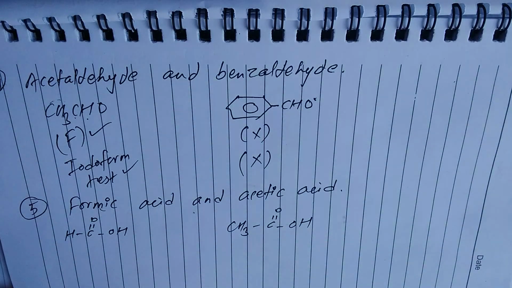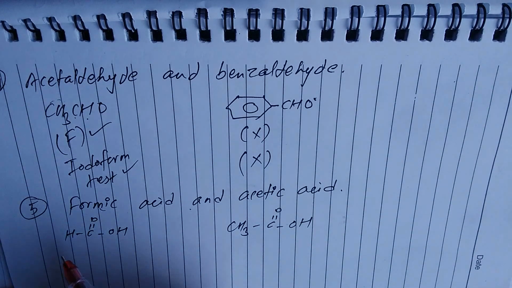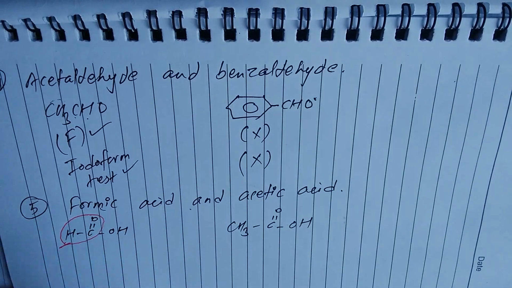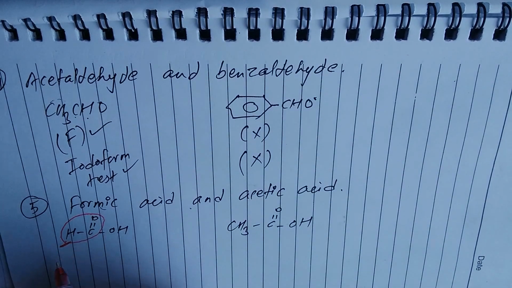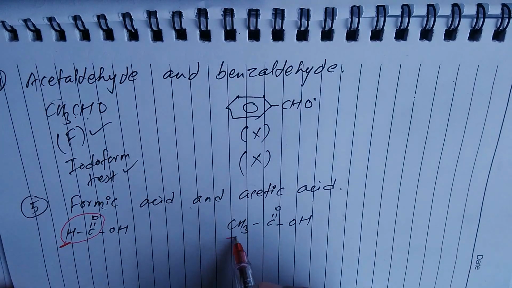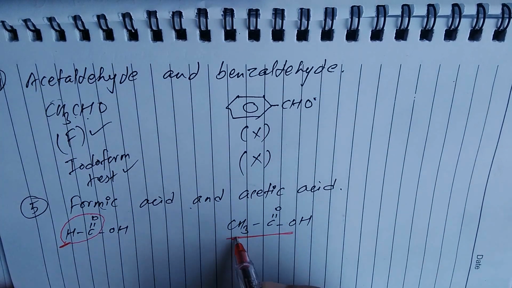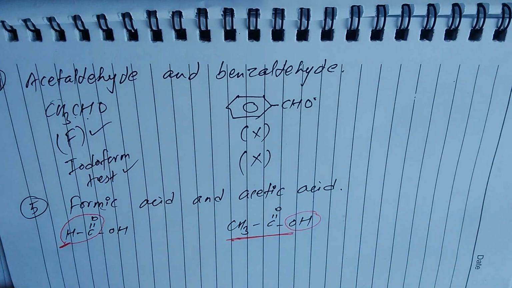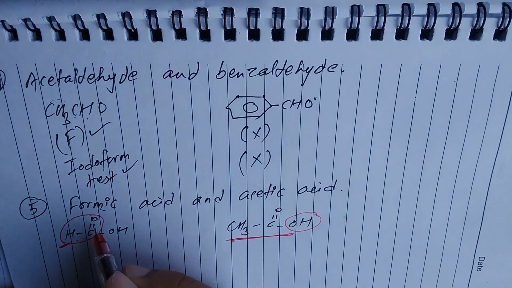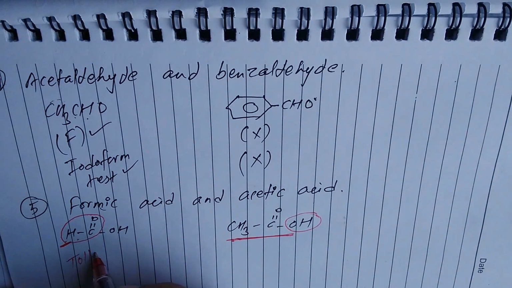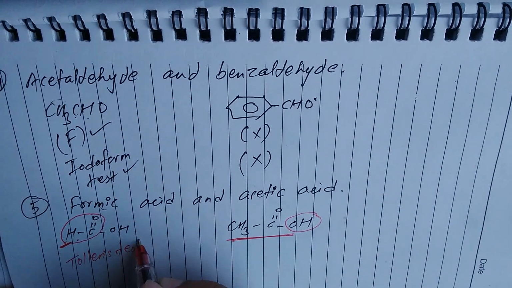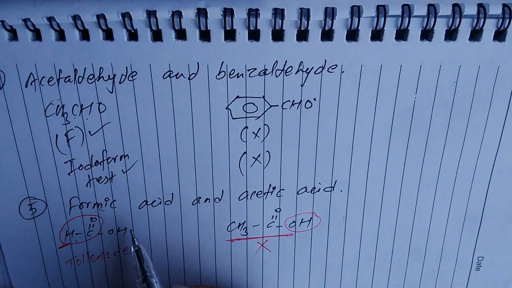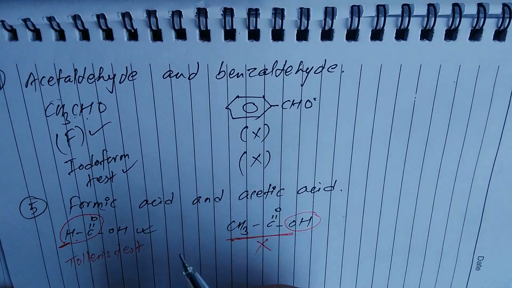In this formic acid there is the presence of this part. This is the aldehydic part, that is the functional group of aldehyde. But in this case there is no aldehyde functional group. There is C double bond O, but there is no hydrogen. So formic acid gives Tollen's test, but acetic acid does not give Tollen's test. You can write the chemical reaction. It is also a very simple mechanism.